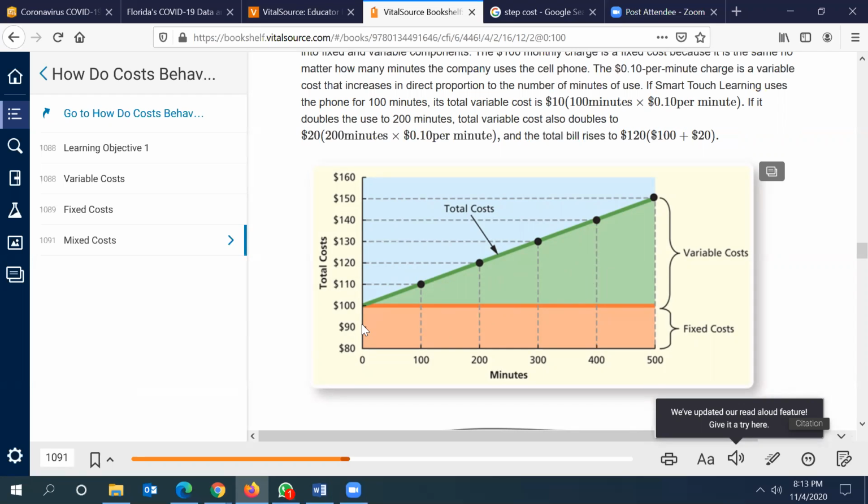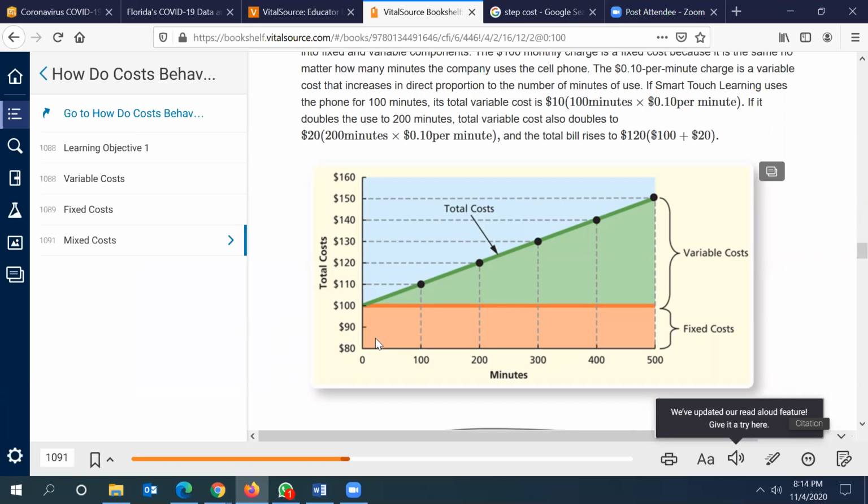And on this total cost, we see that the y-intercept, where it intercepts the y-axis, is right at the amount of total fixed. The reason being that if we had 0 units, we're still stuck with total fixed cost. But we will have no total variable cost.